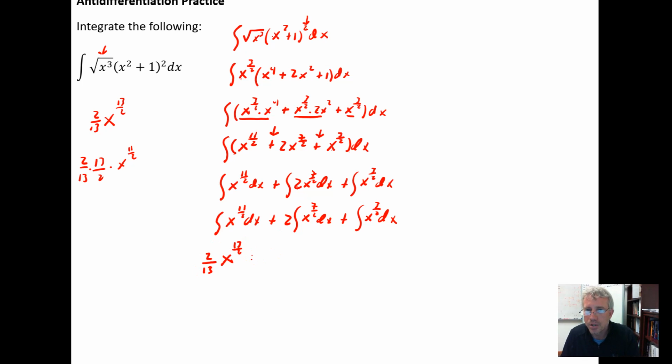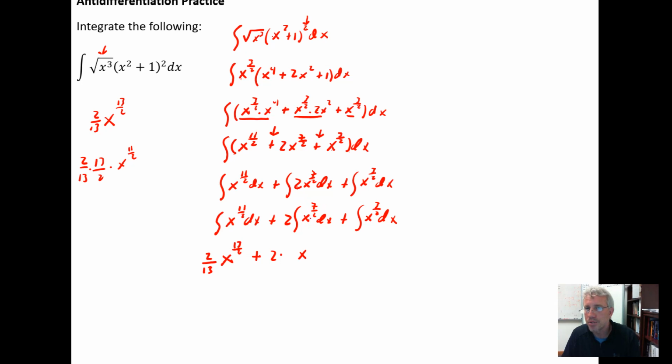And then, yes, you do get a constant of integration coming out of that, but remember, we can add the 3 constants of integration we get when we're done into a single constant c. So I'm not going to write the individual constants. So I'm going to go plus 2 times x to the, if we were differentiating, we would subtract 1.